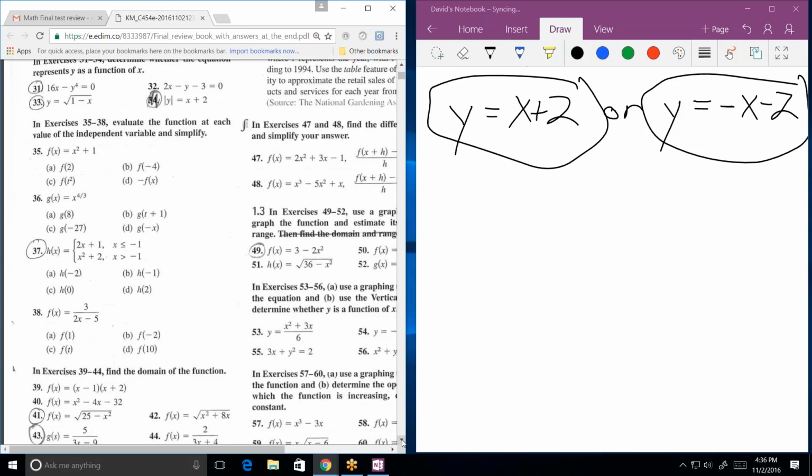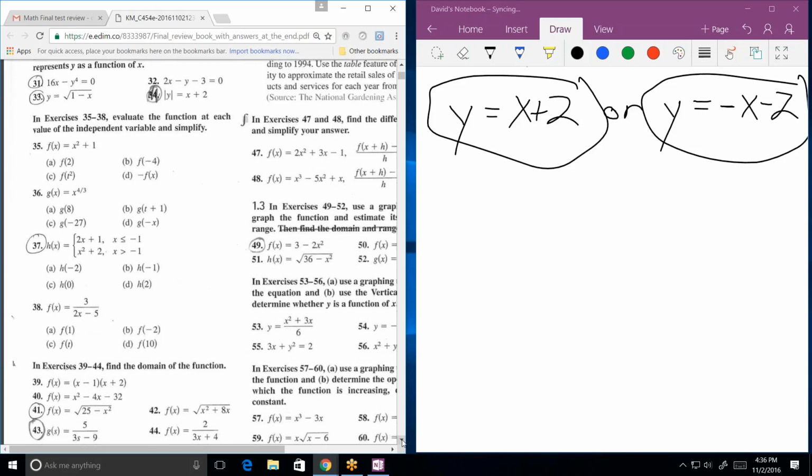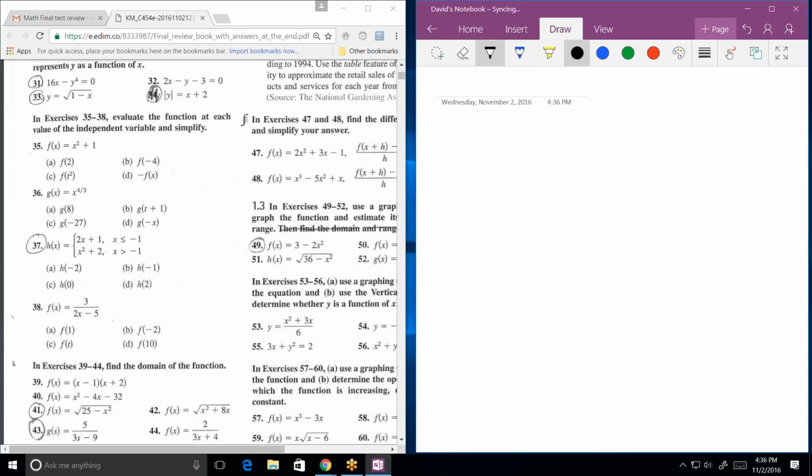All right, let's look at 35. These are relatively straightforward. In other words, if I have my function of x equals x squared plus 1, then what is f of 2 equal to? 5.